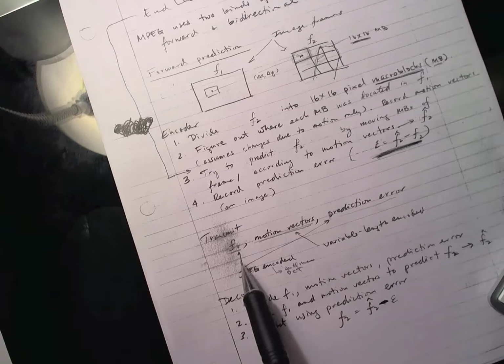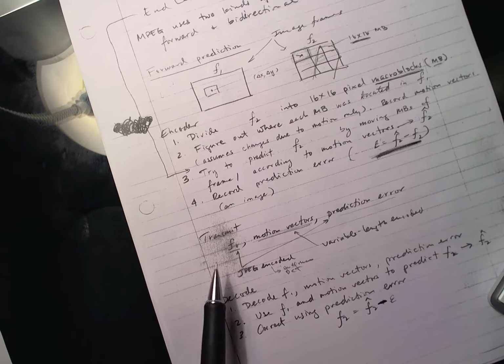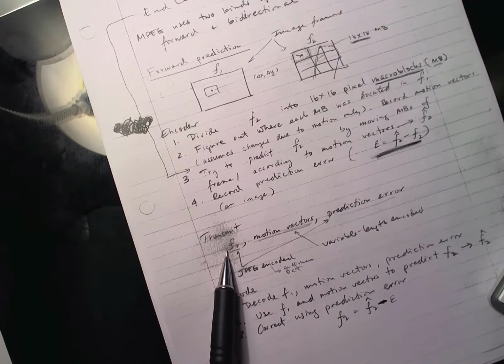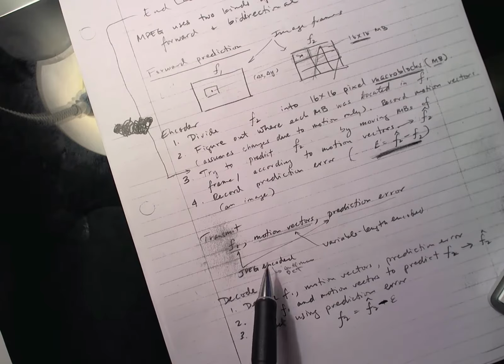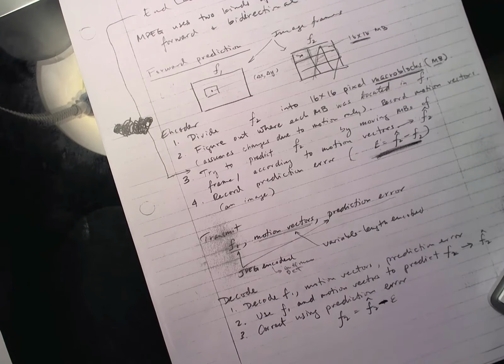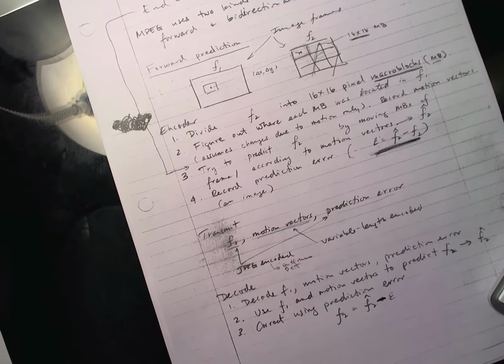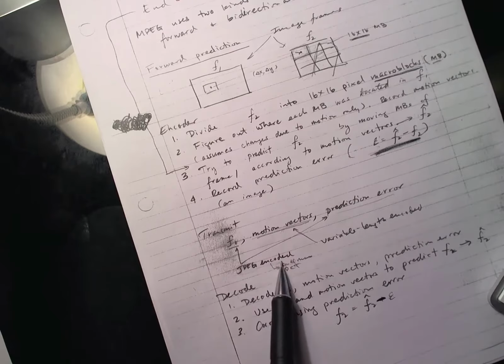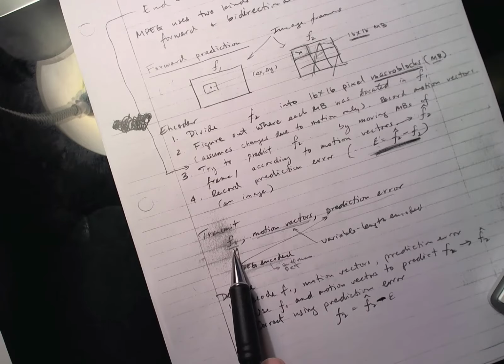So what ends up getting transmitted are an image frame, motion vectors, and then the prediction error needed to correct the mistakes when these are used for prediction. The image frames are themselves compressed using JPEG coding, okay, because they're just images.